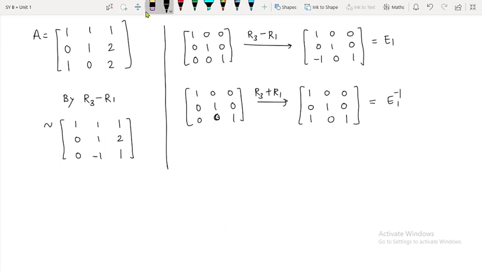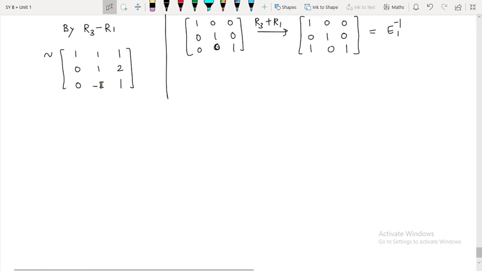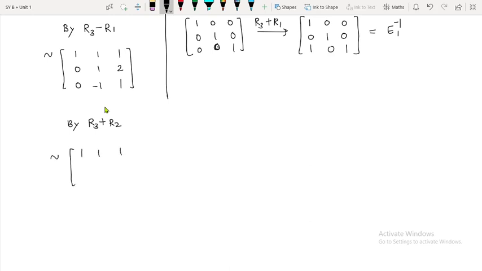Now let us perform our next operation. Now we are going to convert this entry into 0, so R3 plus R2. By R3 plus R2, what we will get here is 1 1 1, 0 1 2, 0 0 3.